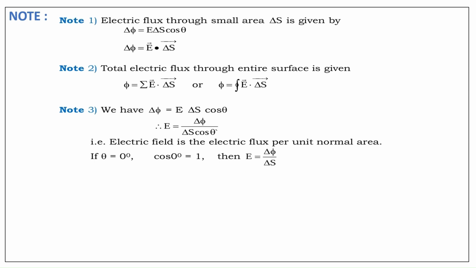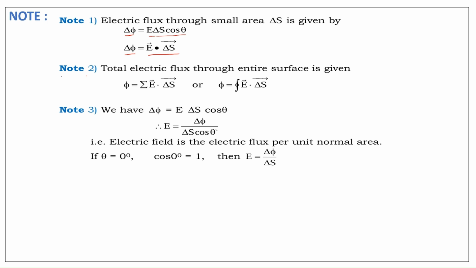Note 1. Electric flux through small area delta S is given by delta phi is equal to E delta S cos theta, that is, delta phi is equal to vector E dot delta S. 2.